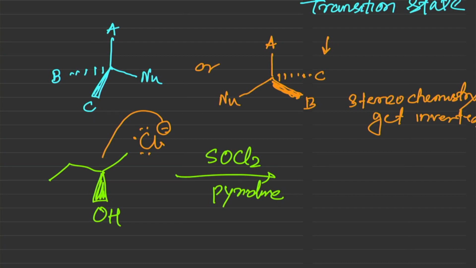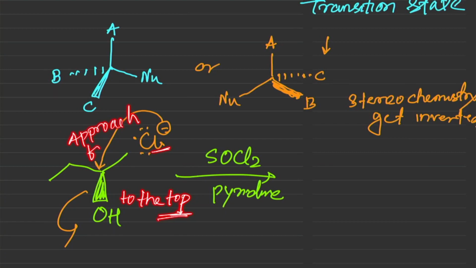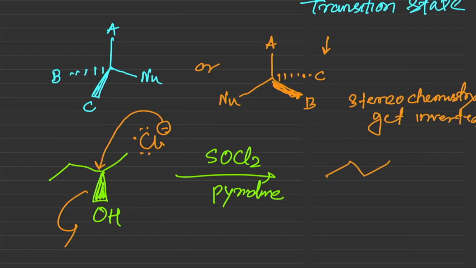So this has to approach from the opposite side. So OH was to the top, which means which side should it approach? The chlorine should approach from the bottom. Okay, so the new group has to be from the bottom. There we go. So that's how you can quickly draw the products.